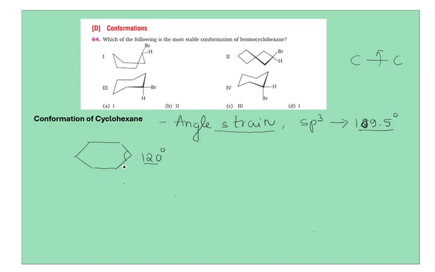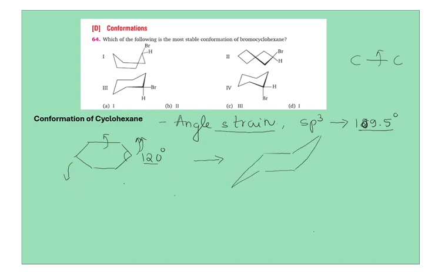But in cyclohexane, since there are 6 carbons, there is a free carbon-carbon rotation. There will be twisting of the carbon-carbon single bond and it can avoid this angle strain. How? Just imagine here students, let's assume the bonds are here like this and this carbon goes up somewhat like this. And what about this carbon?